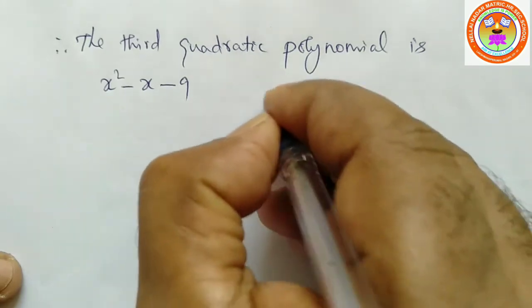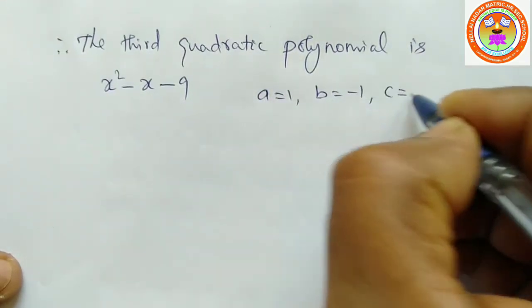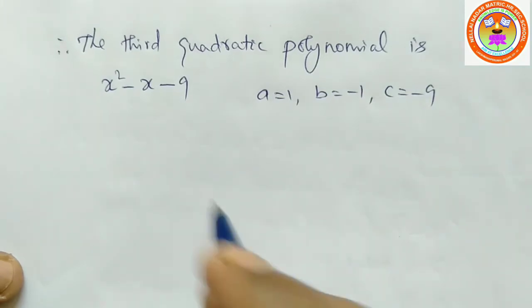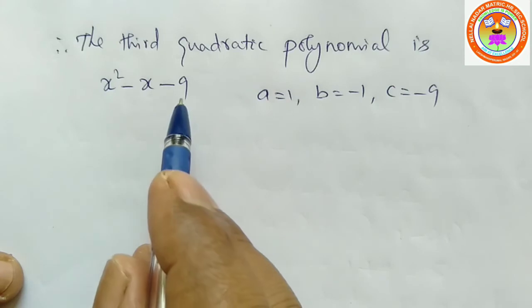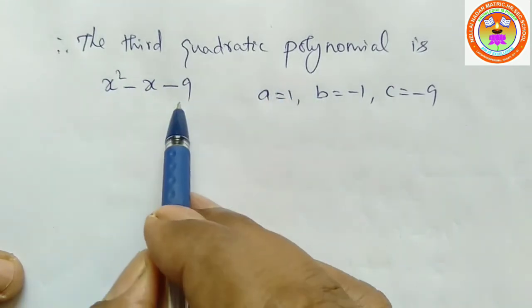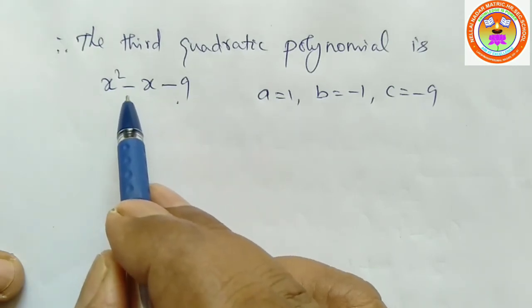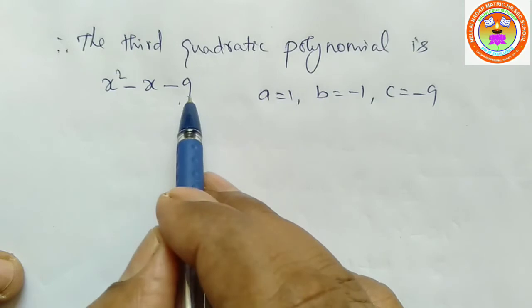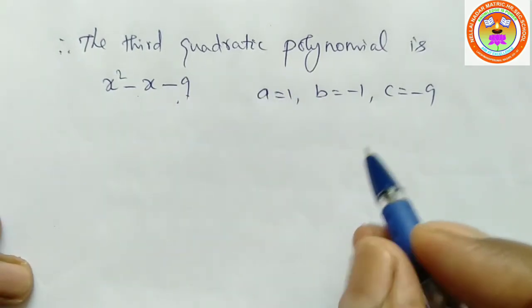So what is the value of a? a is equal to 1, b is equal to minus 1, c is equal to minus 9. We can't solve this quadratic polynomial by factorization method. Reason is there is no number which gives the product minus 9 and the sum minus 1. There is no such numbers, right? That is why we are going to use the formula.